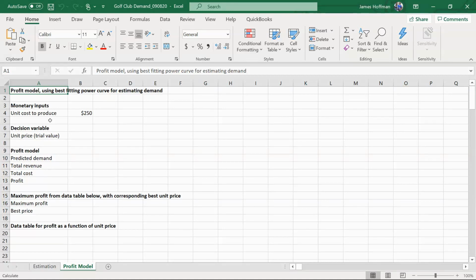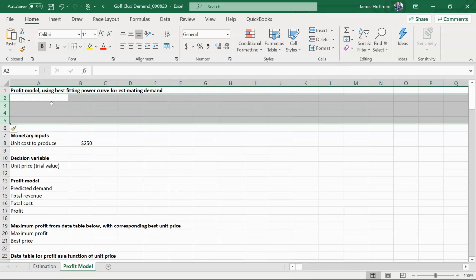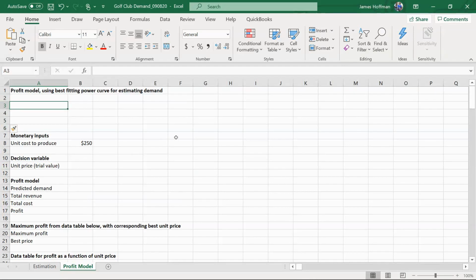So if you do this, okay, so we've done this before, but if you click on rows 2, 3, 4, and 5 like that, so it has it all selected, and then under the home tab, if you just hit the insert button, that will add some rows. It will add the number of rows you selected. So I selected 4. It's going to add 4 rows for the profit model. And I'm going to type in a few things.